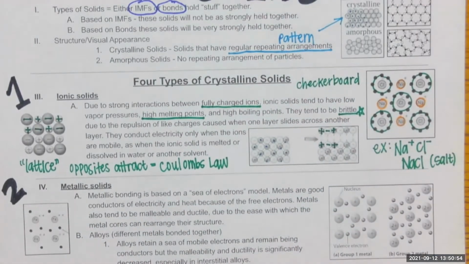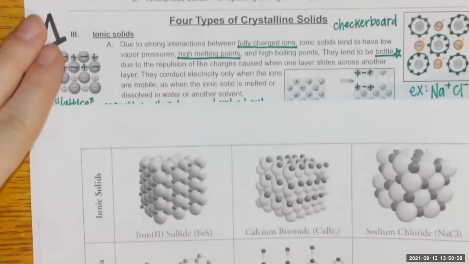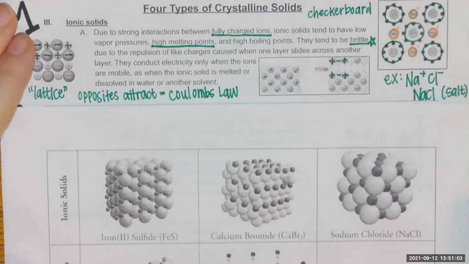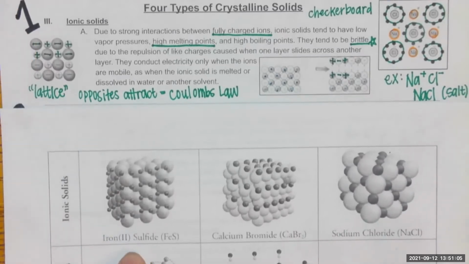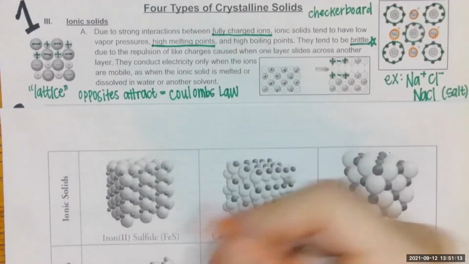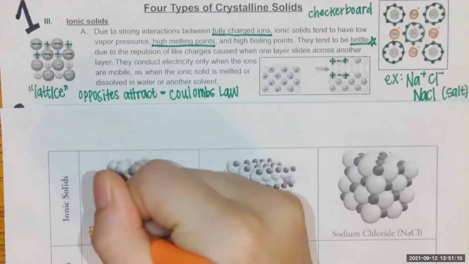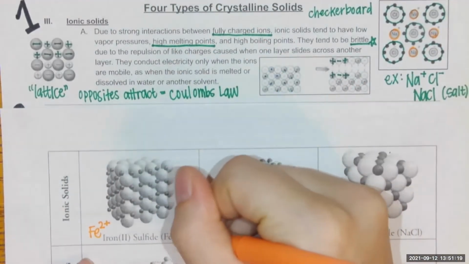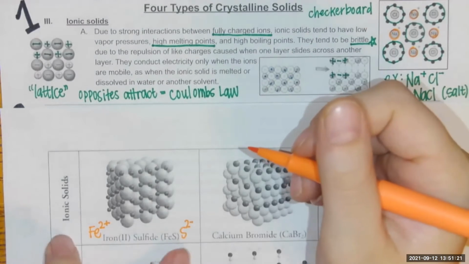So going to the paper here, that just is a standalone paper. Here are some examples of ionic solids. Iron 2 sulfide comes from the iron 2 plus. The sulfur had a 2 minus, 1 of each.